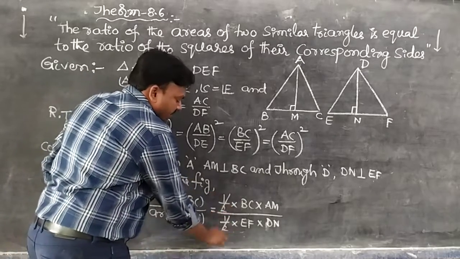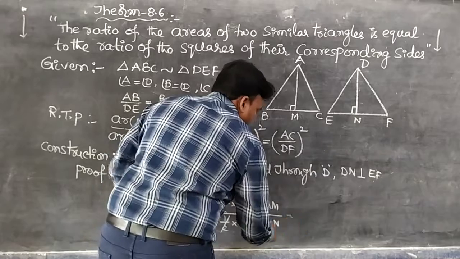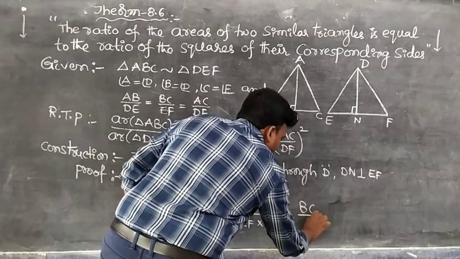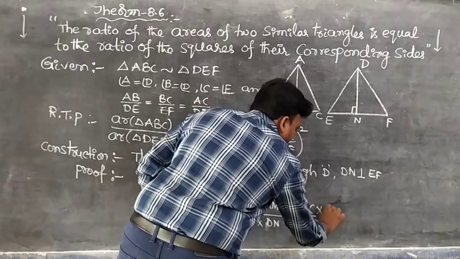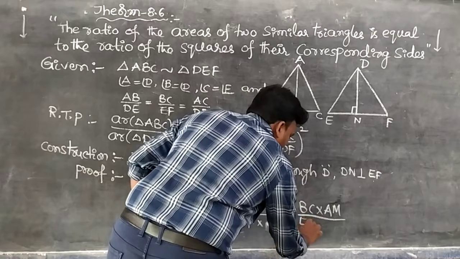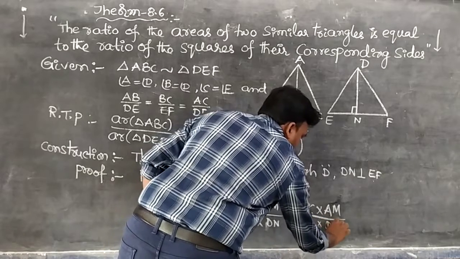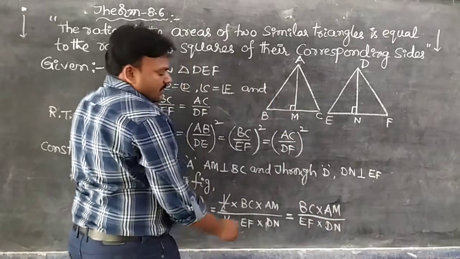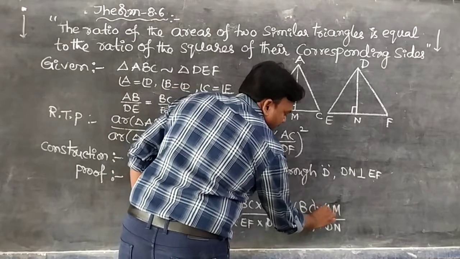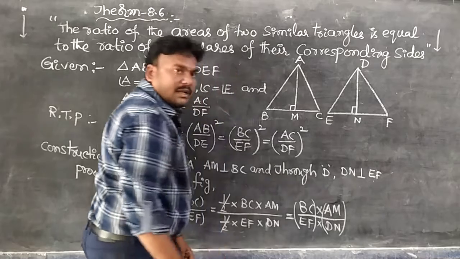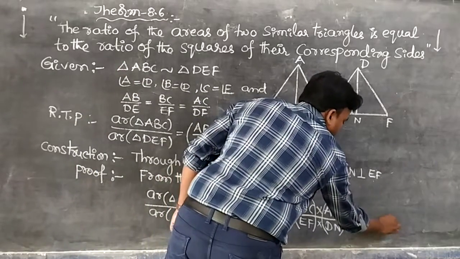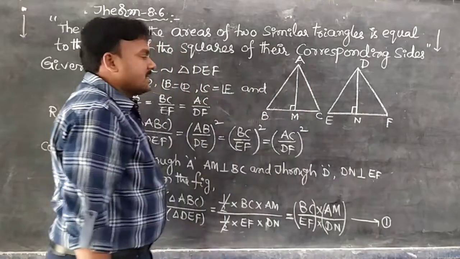In both triangles, the half gets cancelled. What do you get finally? Observe carefully, which implies BC into AM by EF into DN. So like this, in brackets, BC by EF as one ratio, AM by DN as another ratio. Isn't it? Yes. We have taken this as equation number 1, students. Observe.